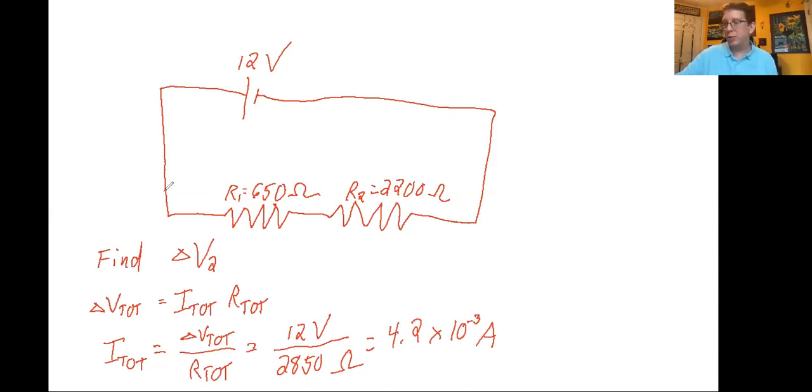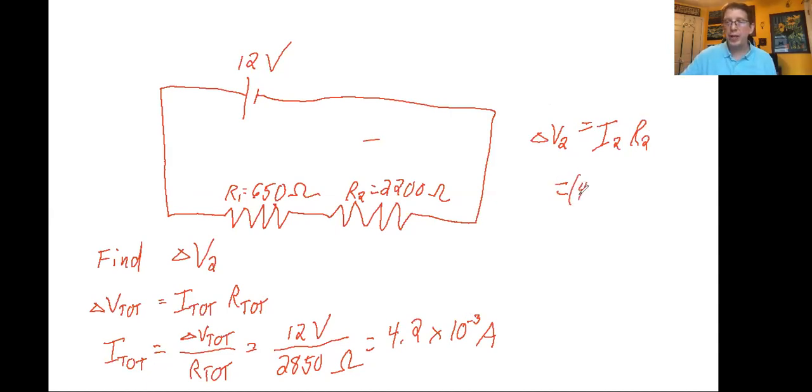So we can apply Ohm's law again, this time to the second resistor. So you have delta V2 is equal to I2 times R2. Well, I2 is just the total current. Again, it's a series circuit. It doesn't branch.